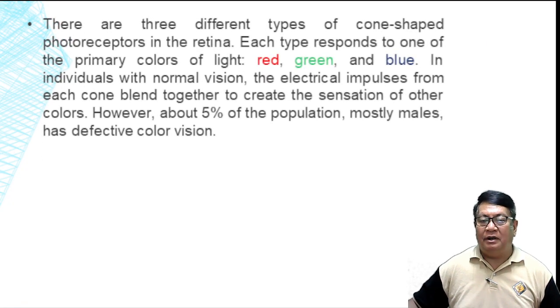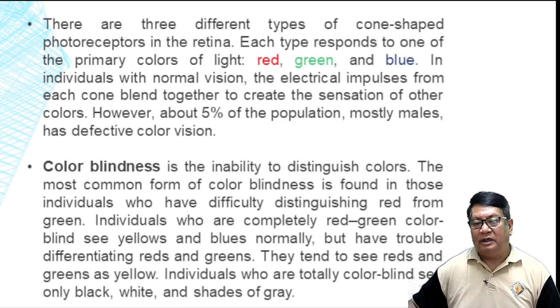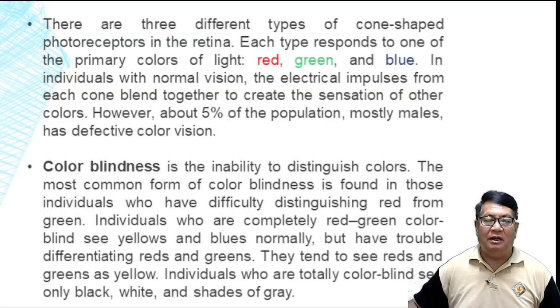Okay, so we have here the three types of cone-shaped photoreceptors in the retina. Each type responds to one of the primary colors. So what are those primary colors? We have red, green, and blue.